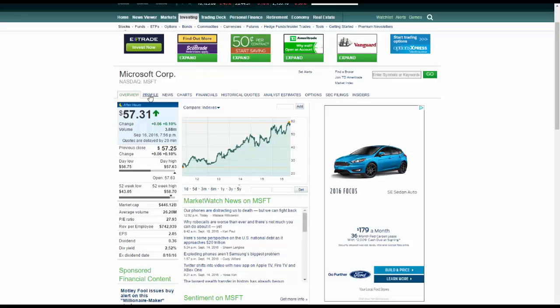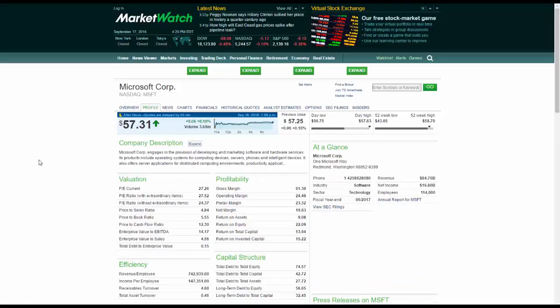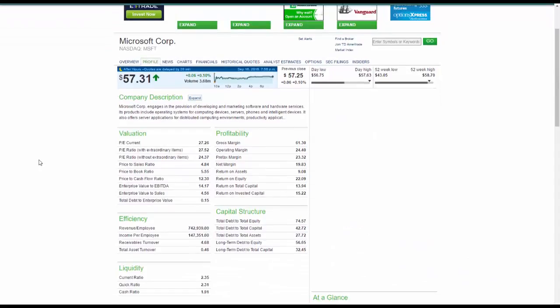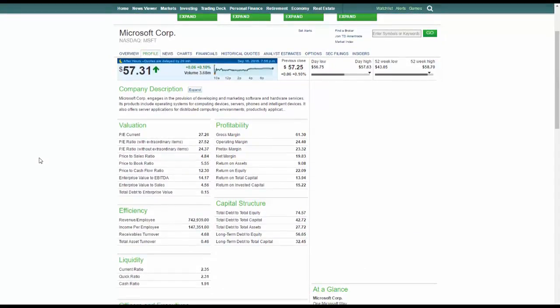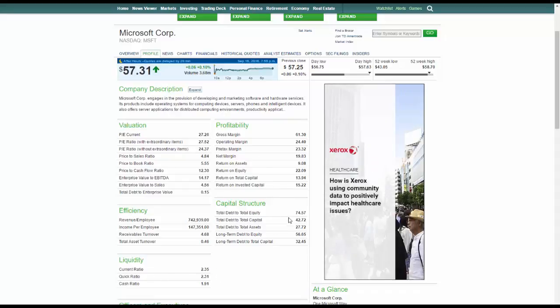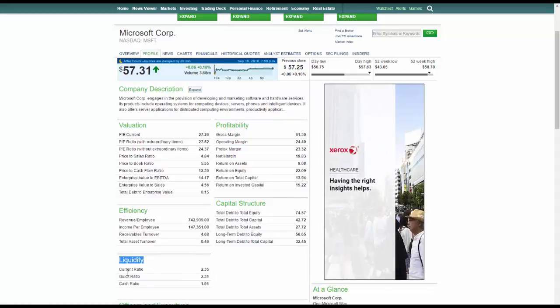Up here you can see a lot of tabs that give you more information about Microsoft. Some of these are, for example, the company profile. This is where you will get even more ratio analysis work on the company. I'm not going to go into all of the details of all of these ratios in this video, but just for a simplistic example, let's say for liquidity, the liquidity area helps us understand how well the company can take care of its debts.